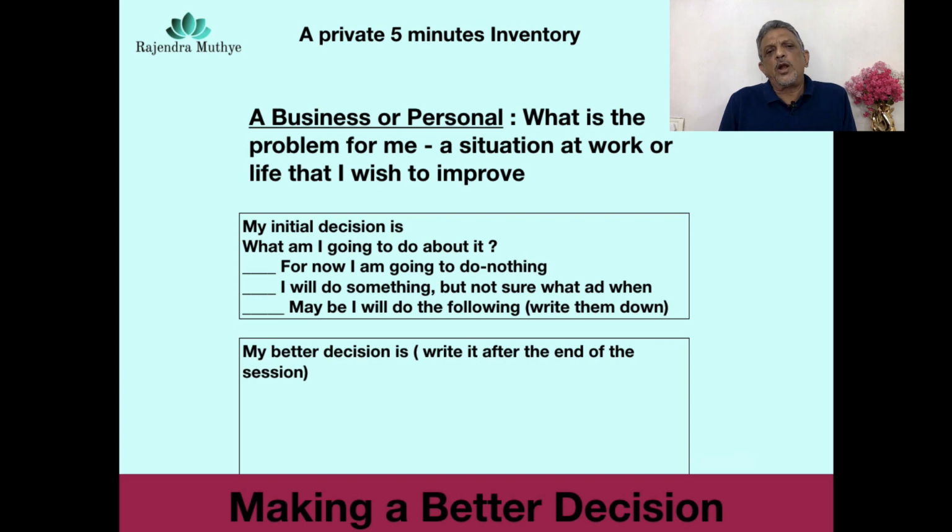Or what am I not going to do about it? Or something which you are not sure about, maybe I will do this, write something about that and leave the better decision for after the end of the session. We'll come back to this page and I will ask you to write the better decision, so that you know that this process is super powerful.